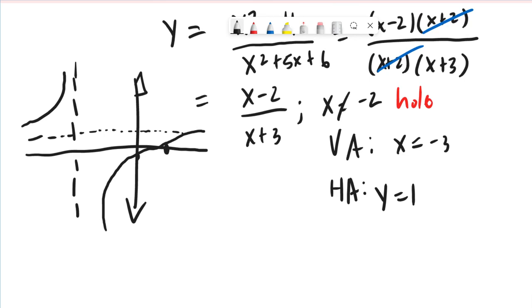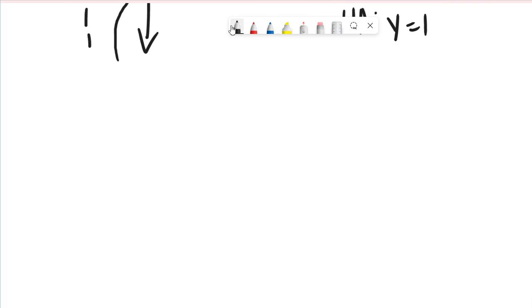Now, let's say another example. Another example could be very similar to the previous one, where you have, for example, y equals x plus 2 divided by x minus 2.